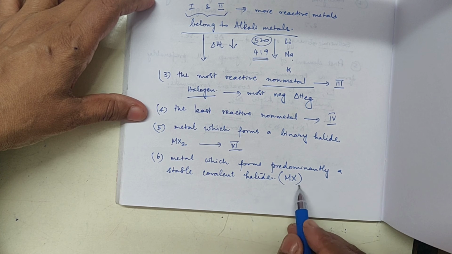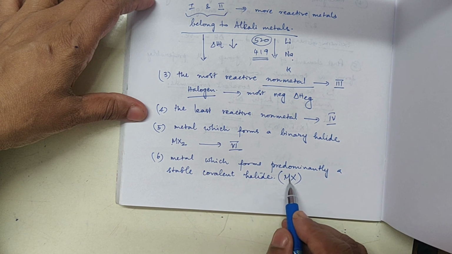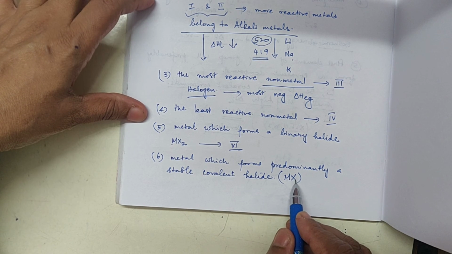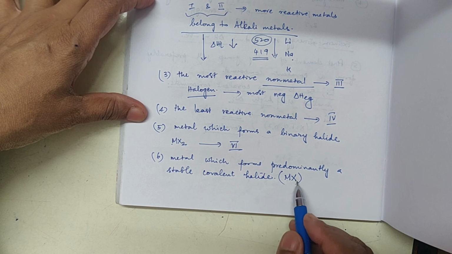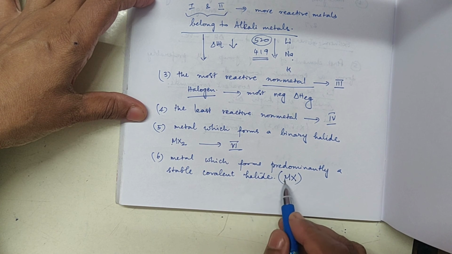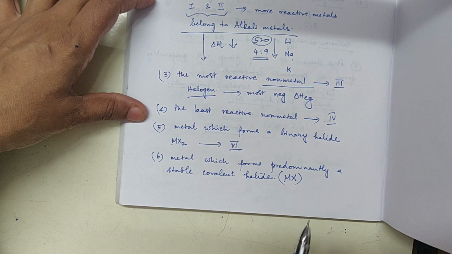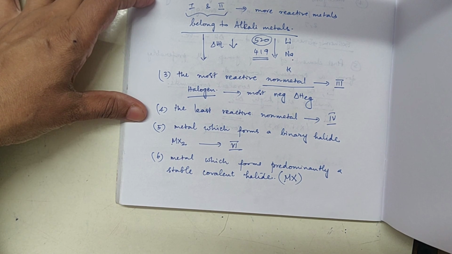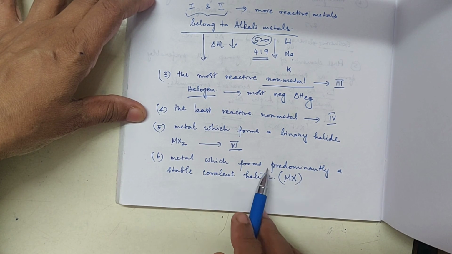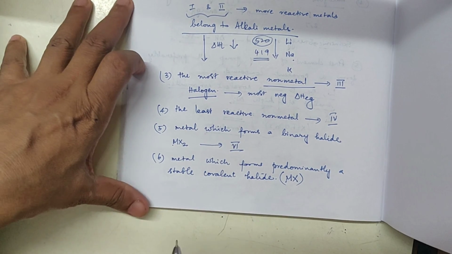Now here you see MX, when you write, the valency of M is 1 and that of X is also 1, because you know halogen valency is 1. So if the formula is MX, that means the valency of M is also 1. That means it belongs to first group. Now the metal which forms predominantly a stable covalent halide.